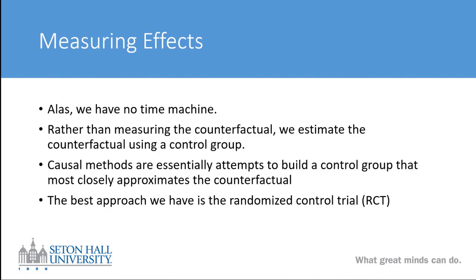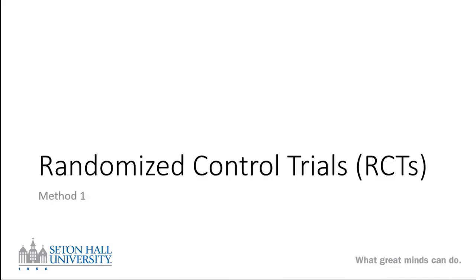And the best way that we have to get a control group that is as close as possible to a counterfactual is what we call the randomized control trial, or the RCT. So RCTs, you might have heard them called the gold standard of research, right? And these are, if you were following clinical trials during COVID, right, those were RCTs.